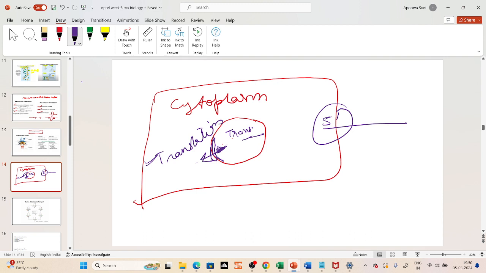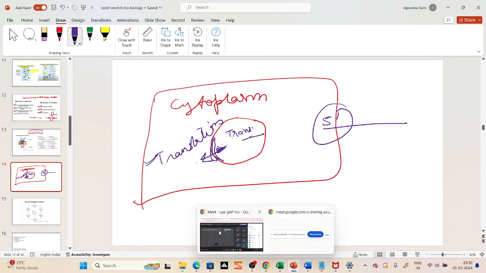This RNA can cross the nuclear membrane just like we go from one room to another. How do we go from one room to another? If we have walls, we go through doors, right?